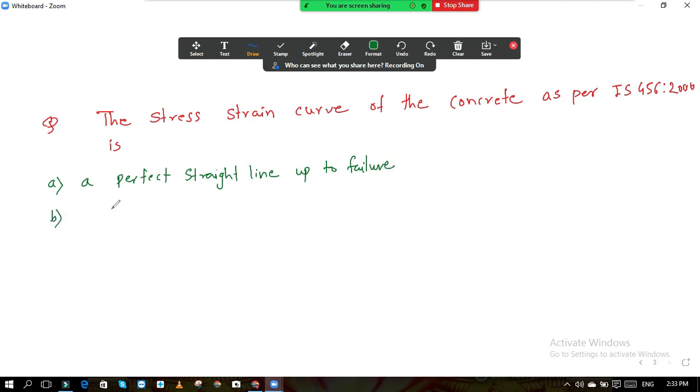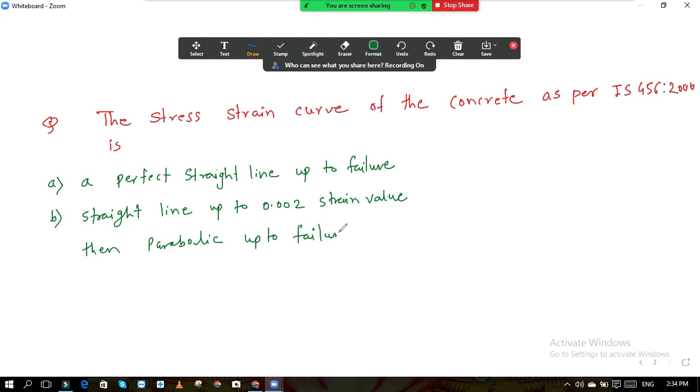Option B, straight line up to 0.002 strain value and then parabolic up to failure.